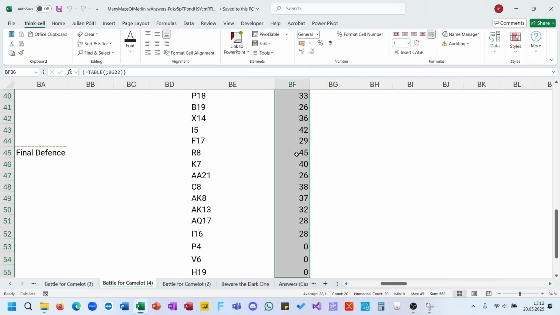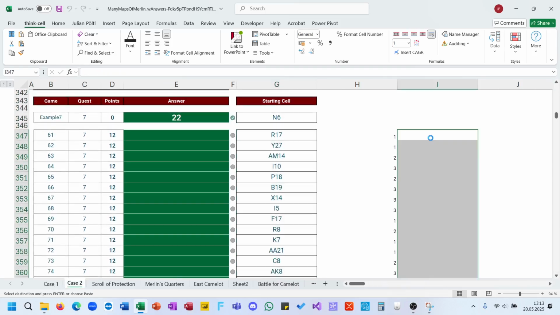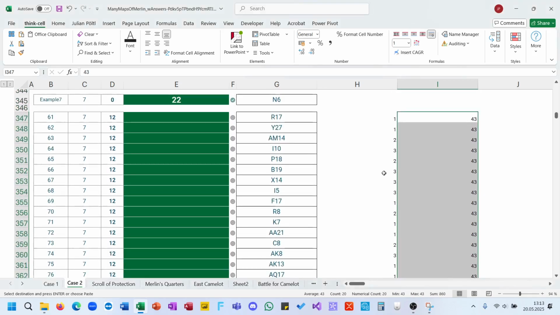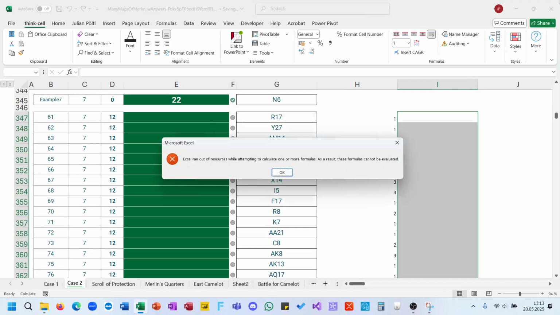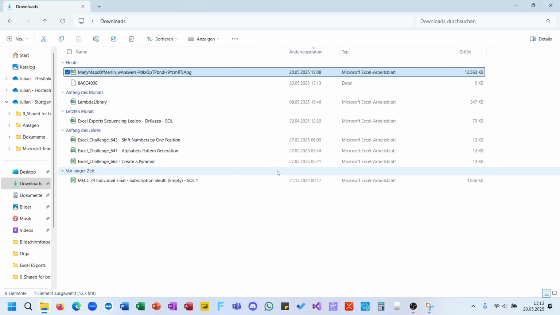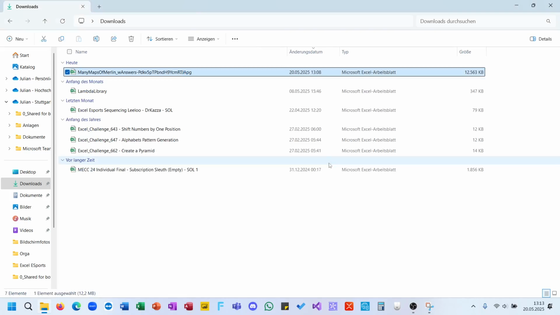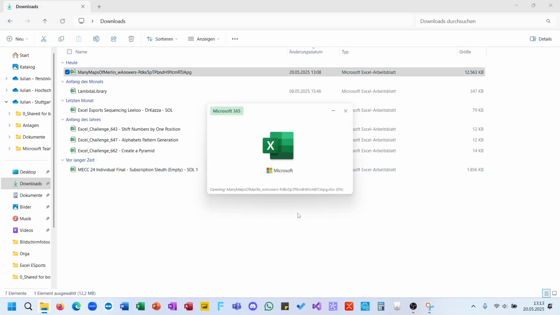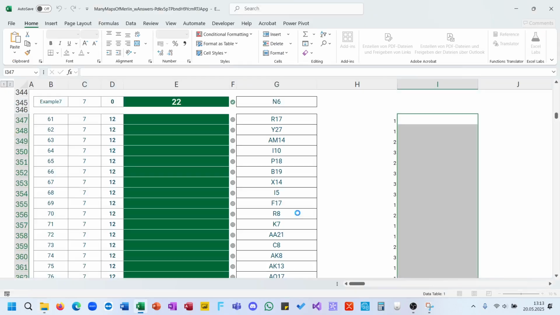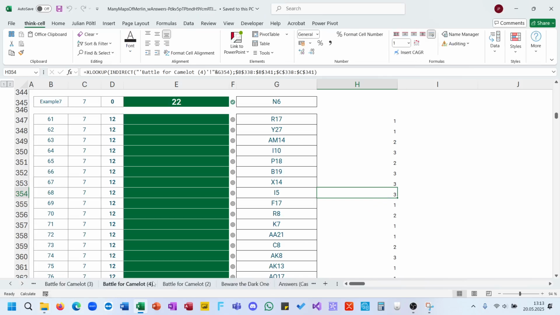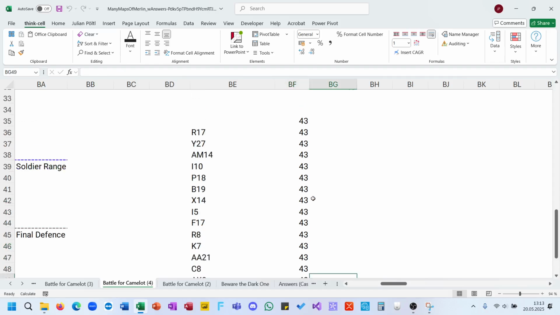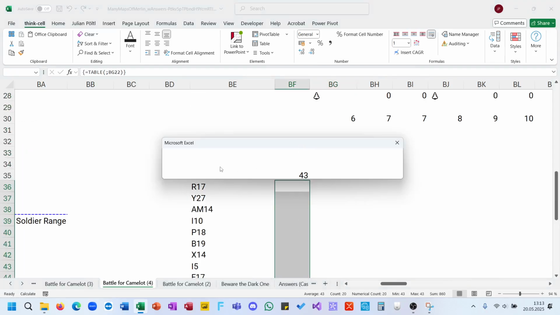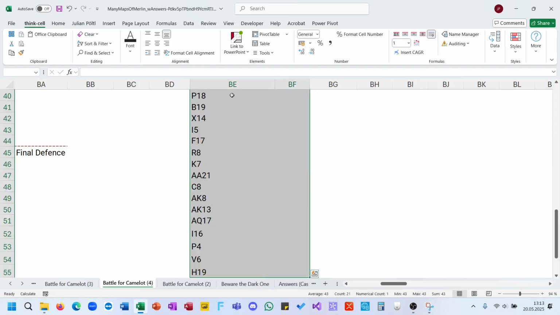Okay, it has calculated. Not yet, but no. No, it hasn't. This is the most annoying thing on earth. Is this calculated? No. Okay, I think I need to live with this error.